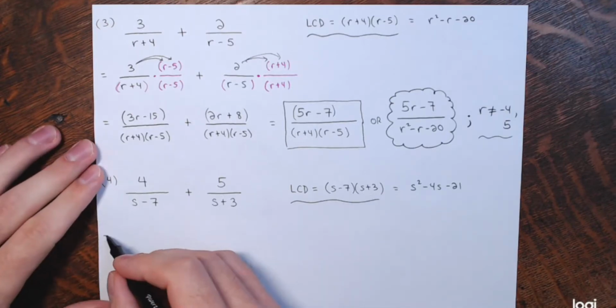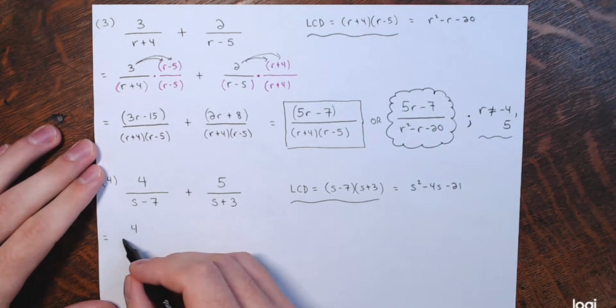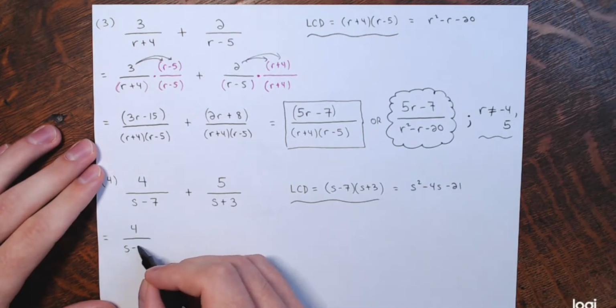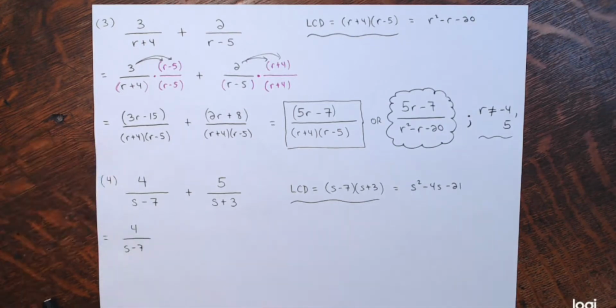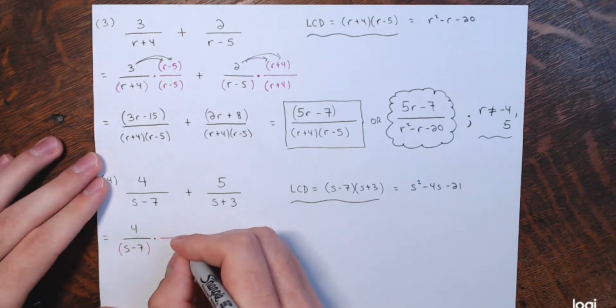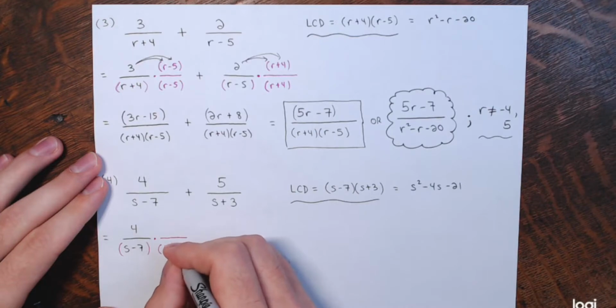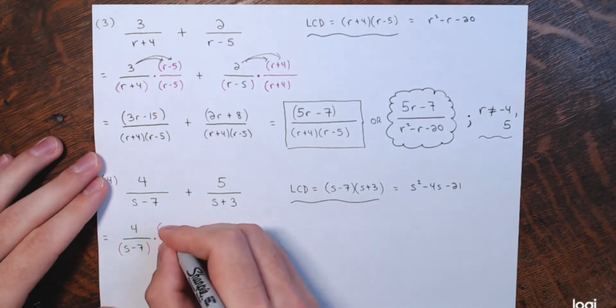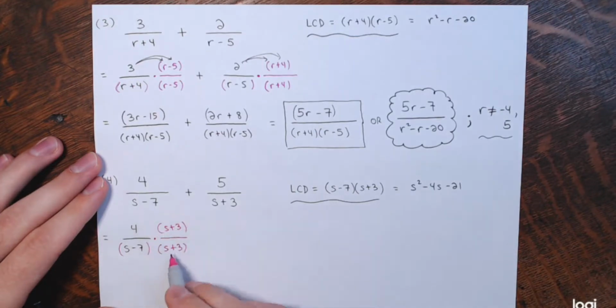All right. So the first fraction, 4 over S minus 7, what I'm going to multiply the denominator and numerator by is the factor S plus 3. That's the factor that's missing. So now the denominator will be the LCD.